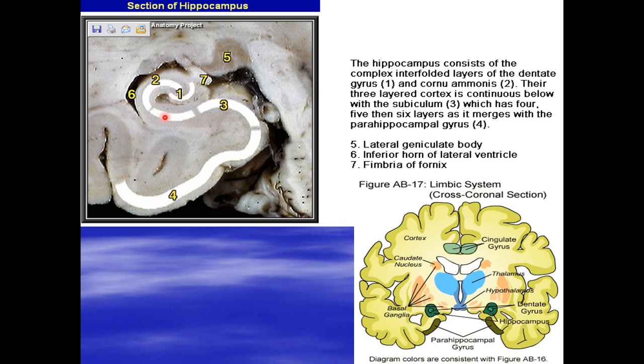The third part is called the subiculum. The subiculum here. And then number four is the parahippocampal gyrus. So the most important thing to know is that this is the hippocampus, which contains the dentate gyrus, the cornu ammonis, and then the parahippocampal gyrus.